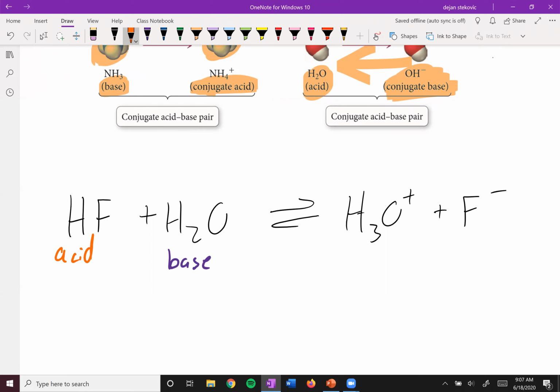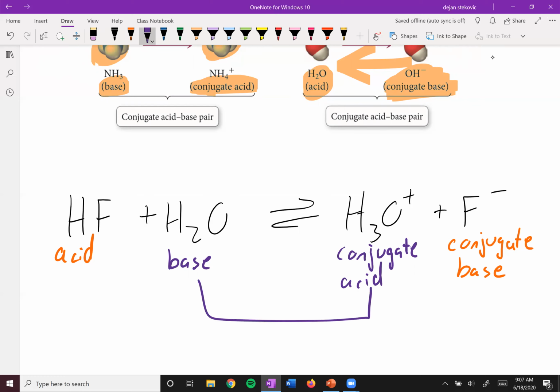But if we're talking about going from right to left, then this guy right here is the base, right? The F- is going to take an H+, and so we call that the conjugate base. And then this H3O+ would be the conjugate acid. And so they are conjugate acid-base pairs.